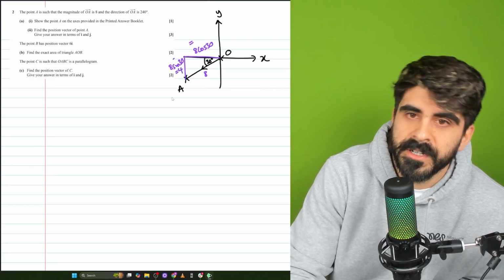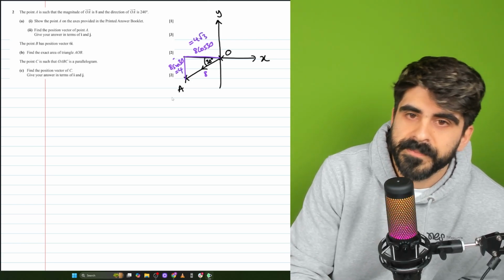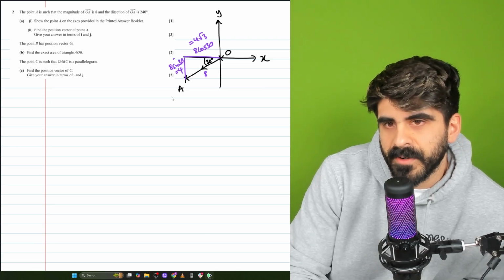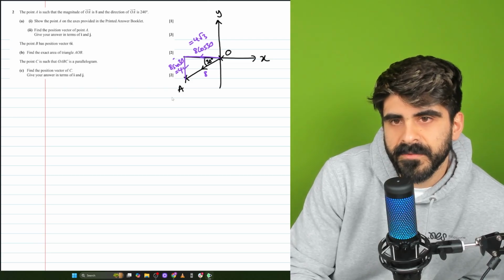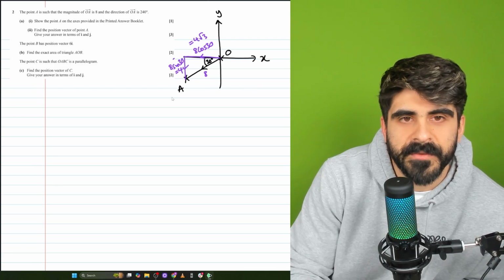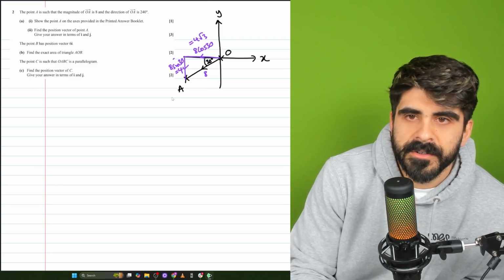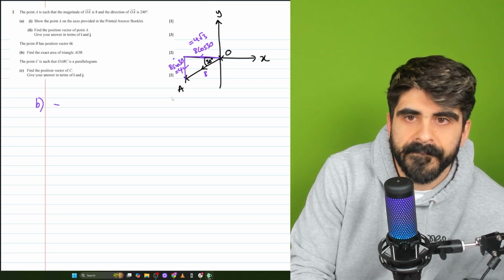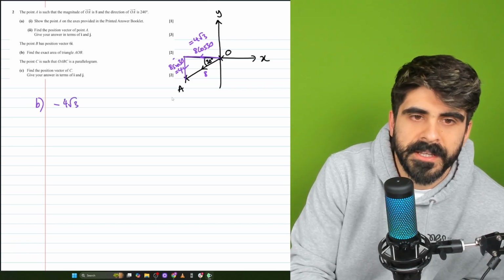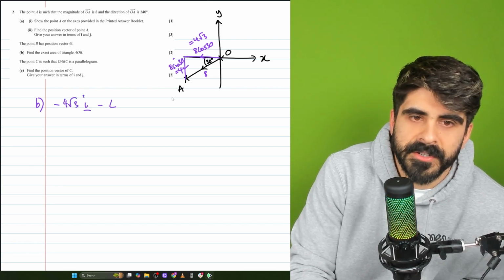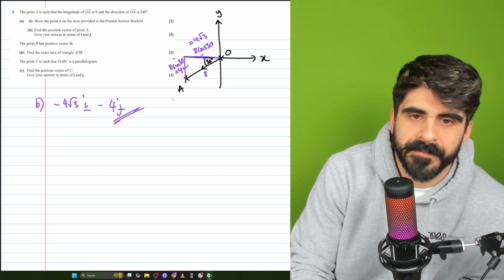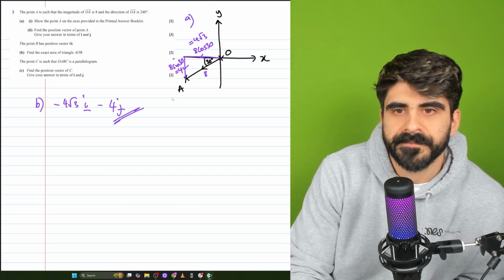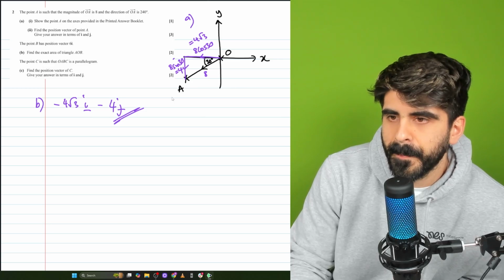So we have 4 root 3 and 4. Now these are both negative, right? Negative, negative. So in terms of i and j, we have minus 4 root 3 i minus 4 j. This is part A.